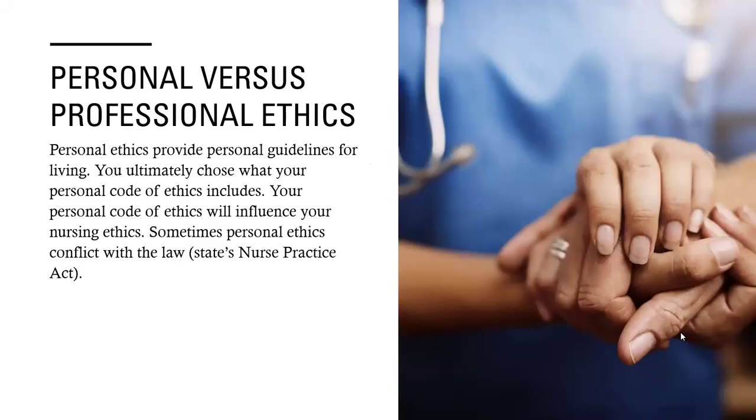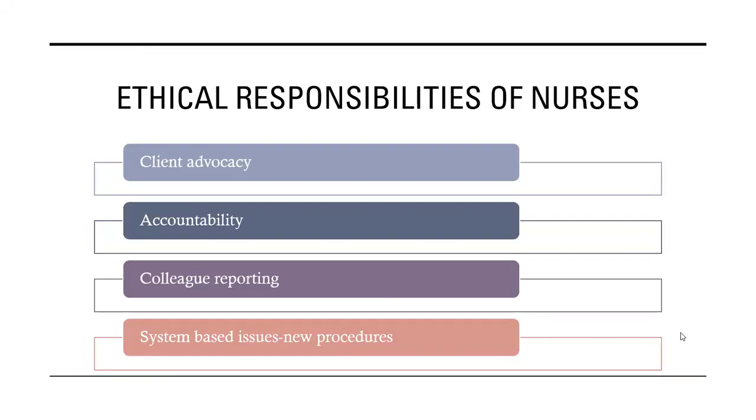Personal versus professional ethics. Remember, for professional ethics, our scope of practice says all the tasks that we can lawfully complete. We can lawfully do those things. But sometimes our personal ethics, the things that we believe are right or wrong, might bump heads or disagree with our professional ethics, and we would want to talk to our manager about that.